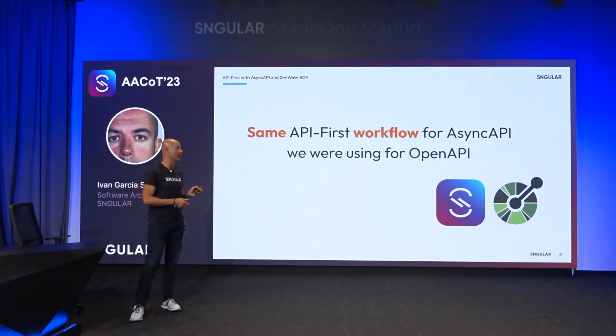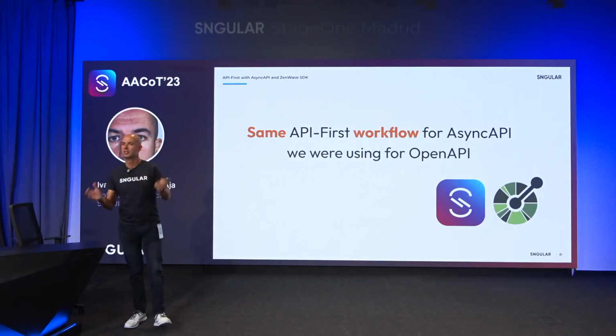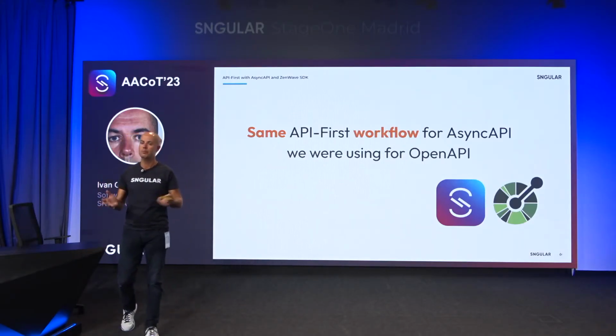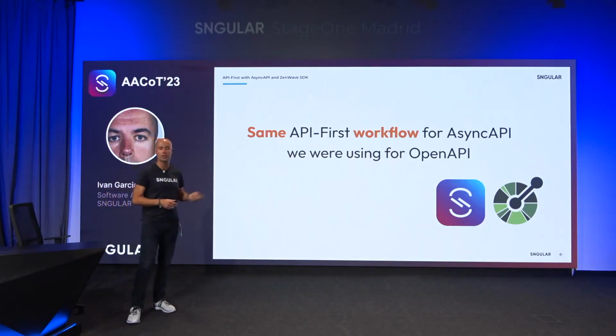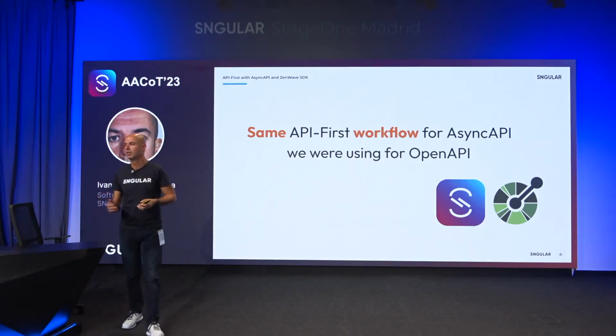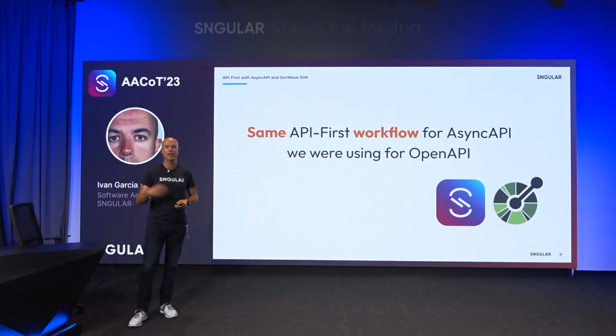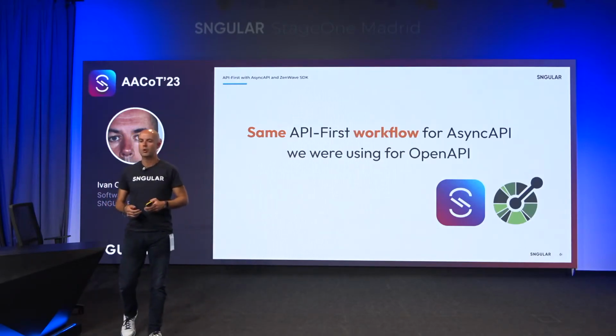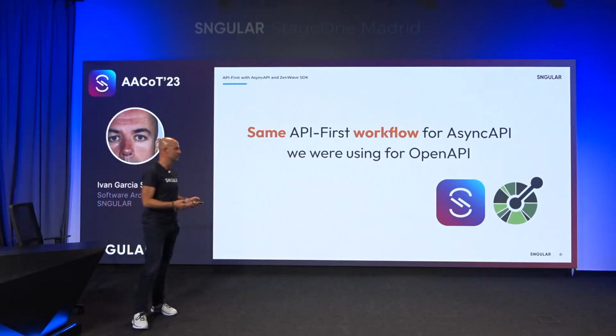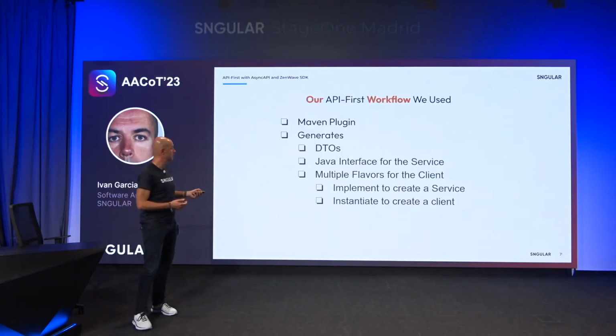I was working in an API-first strategy group in a company, and we were using OpenAPI very successfully, and we wanted to standardize how people write and read messages from the broker. We didn't find that in any of the tools.